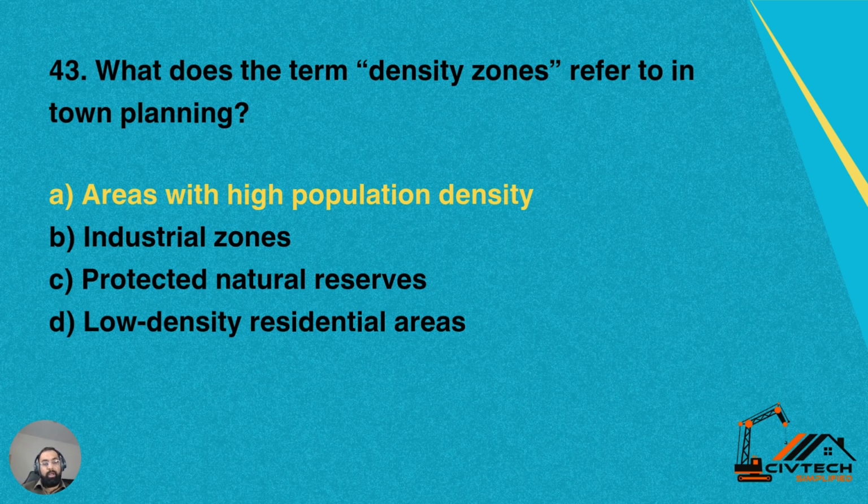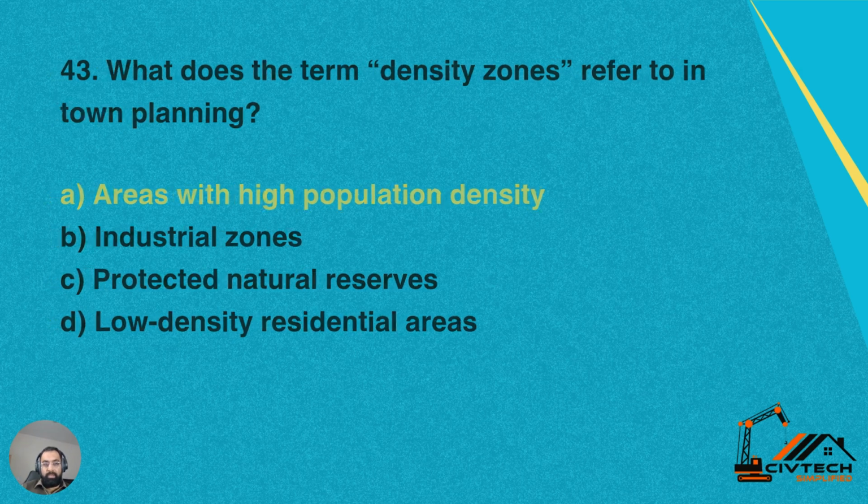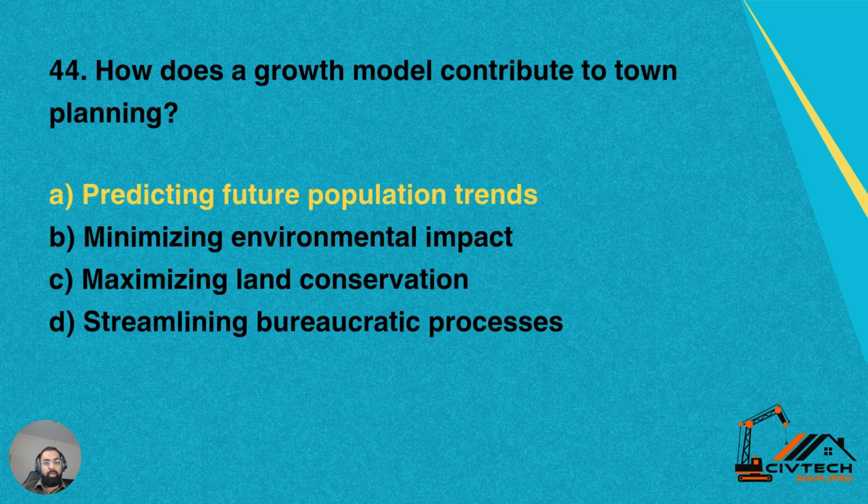Number B, industrial zone. Number C, protected natural reserves. Number D, low density residential areas. So option A, areas with high population density, is the correct answer. What does the density zone mean? It's the area where high population is residing.